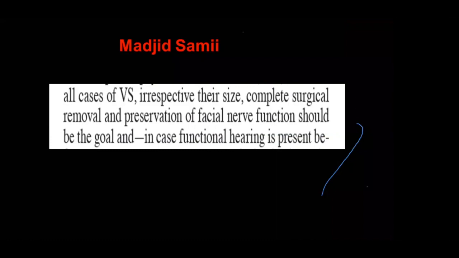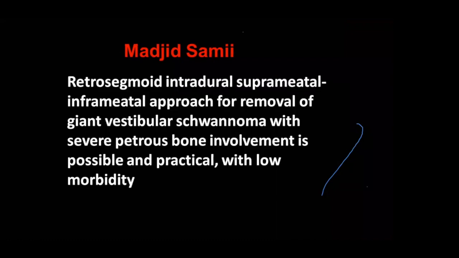A retrosigmoid, intradural, suprameatal, inframeatal approach for removal of giant schwannomas with severe petrous bone involvement is possible and practical with low morbidity. This is the only way to treat these giant ones. It is not for novices, it is not for radiosurgery, as I will allude to later on.